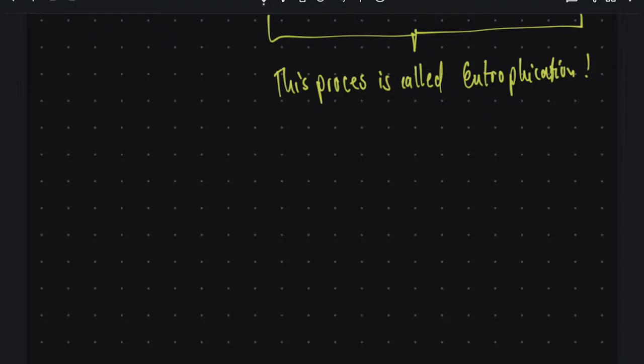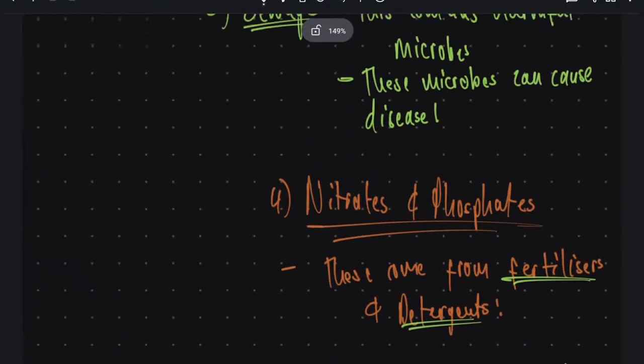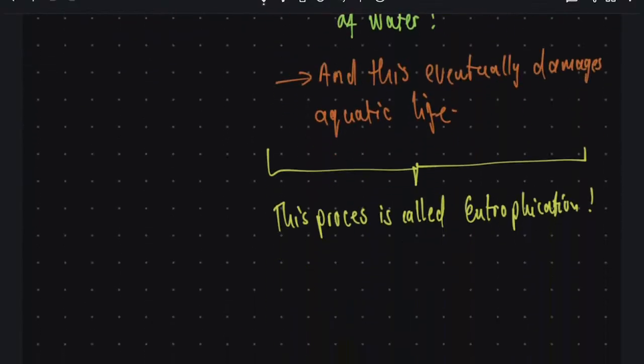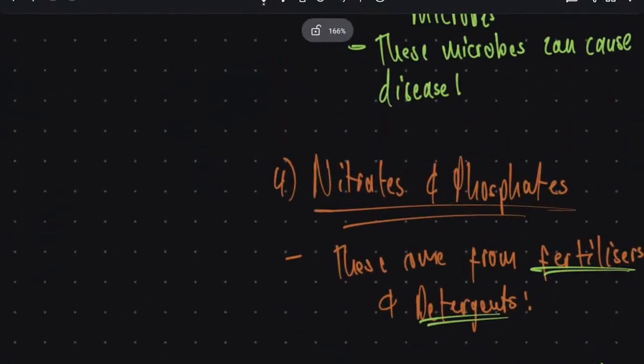Now the problem is, if you have excess nitrates and excess phosphates, these will speed up growth of things that we don't want in the water.